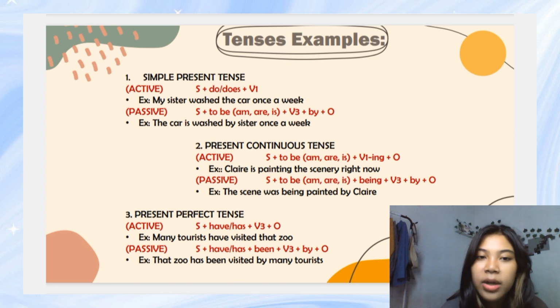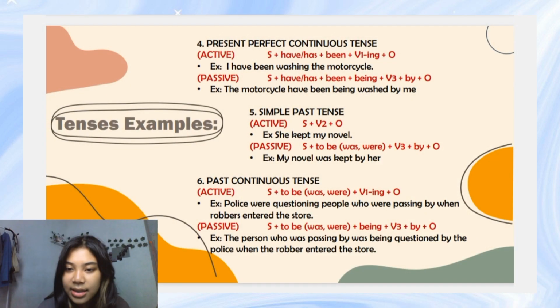4. Present perfect continuous tense. For active: subject plus have or has plus been plus verb 1 plus ing plus object. For example, I have been washing the motorcycle.